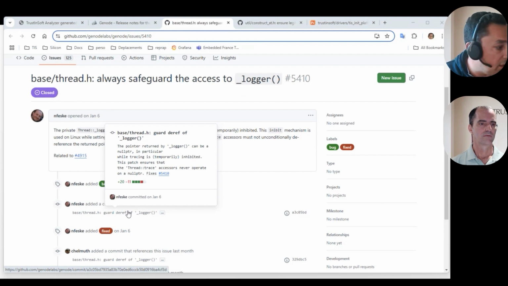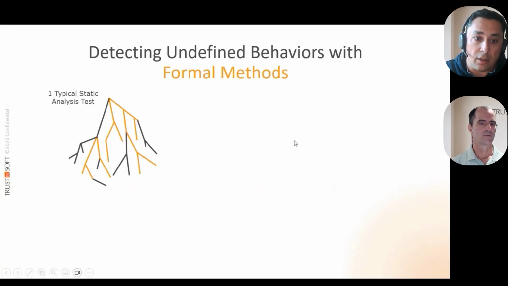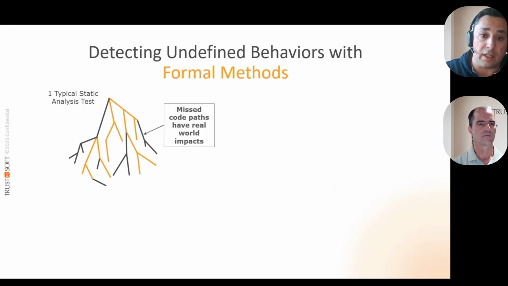In fact, the reason we can claim that is because of the way our tool works: it will go through the code. When you run regular code on the target, it will go through a particular path, and when you do your test, it will evaluate only one path of the code. If you want to do thorough testing, then you need to manipulate the inputs each time to make sure that it's going through the right path. There are some configurations of TrustInSoft which allow you to do that.